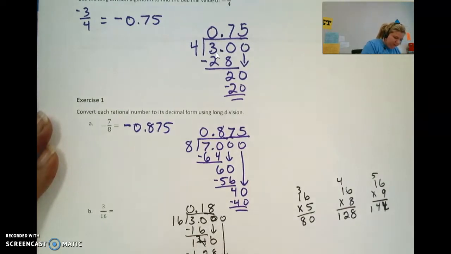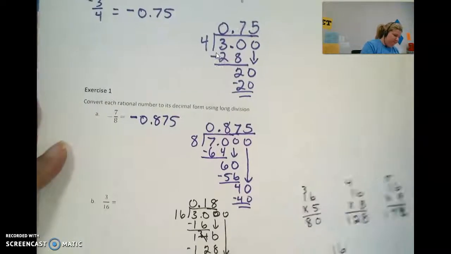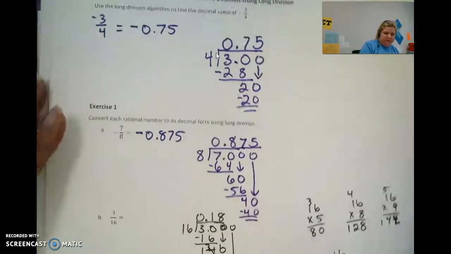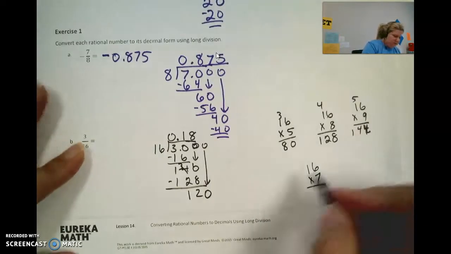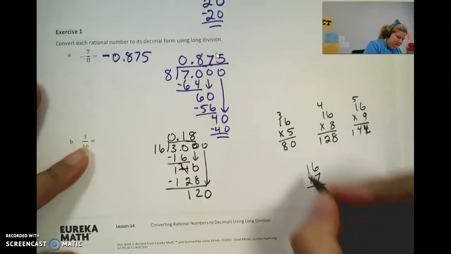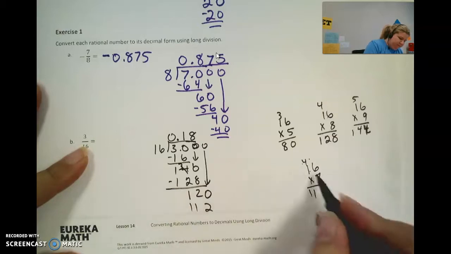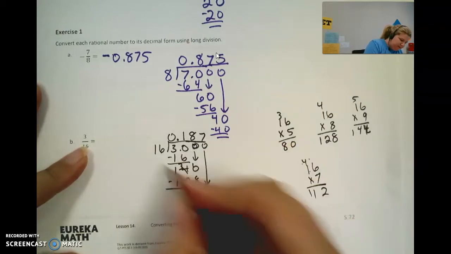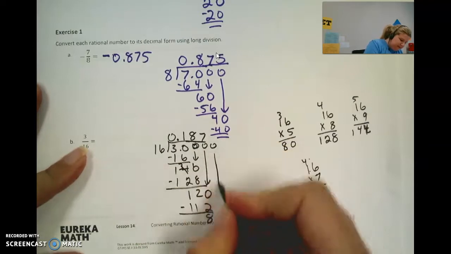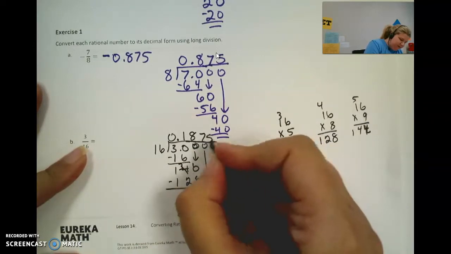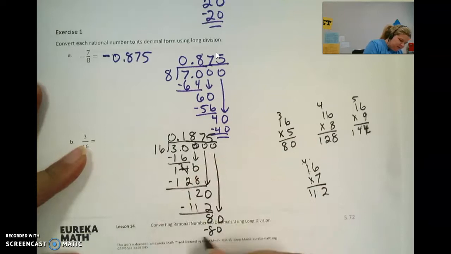Bring down a 0. 120, probably be 7. Okay, so 16 times 7. Probably end up with 2 videos here. Okay, 6 times 7, 42, 4, 7, 8, 9, 10, 11. 7 times 16, bring down a 0, that's 5, I've already got that on the side, and that's 80, so that's done.